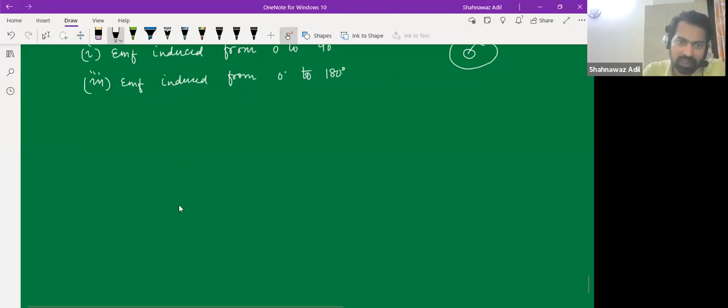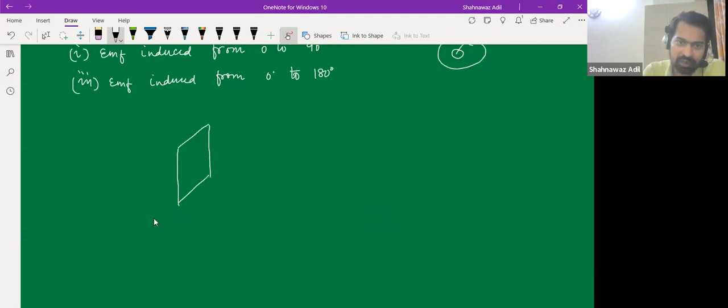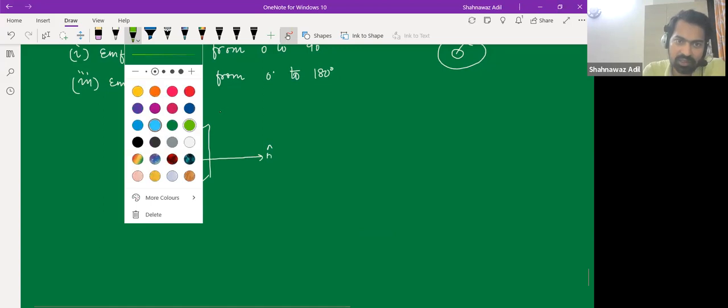So we have this coil, right? Its area vector is this one. This is n hat, and the magnetic field is also in this direction.